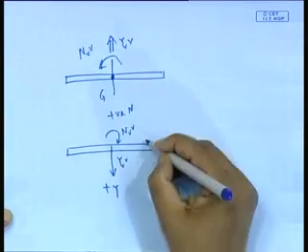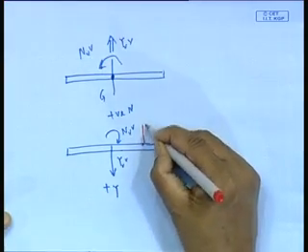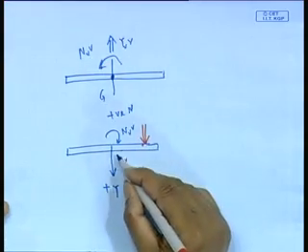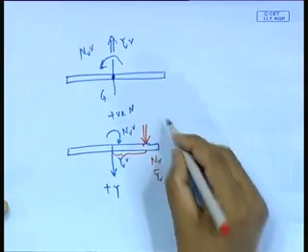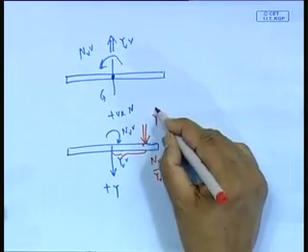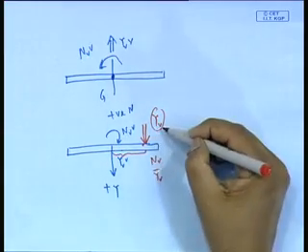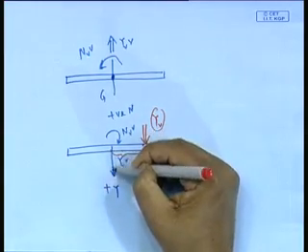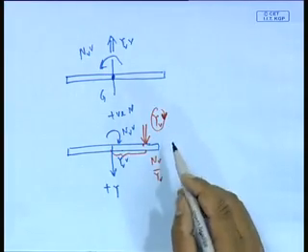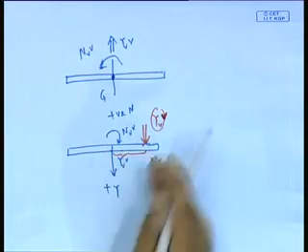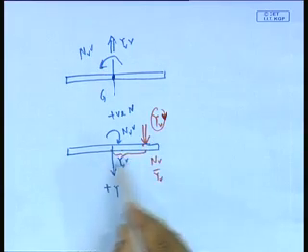What does it mean? Essentially, it means an equivalent force acting here at a distance of Nv by Yv. Suppose there was a force YvV acting here. This force is equivalent to this force YvV and also equal to this moment, because this force into this distance, where this distance is Nv by Yv.